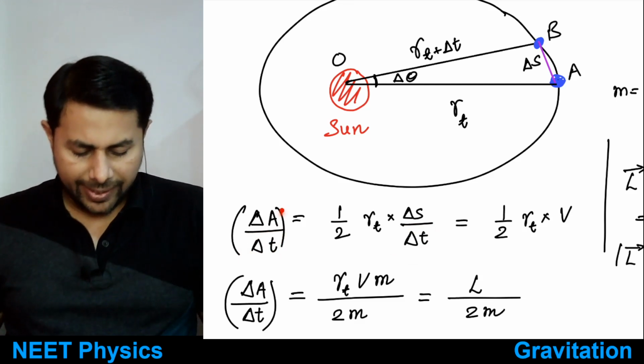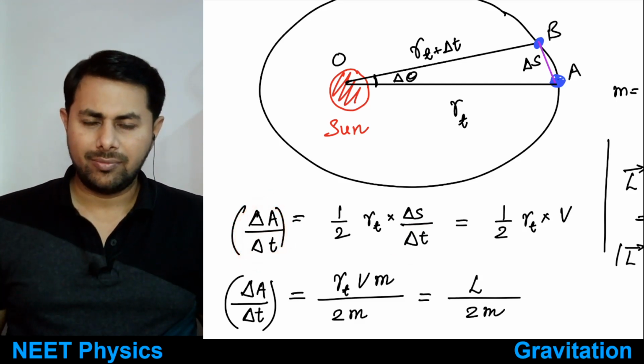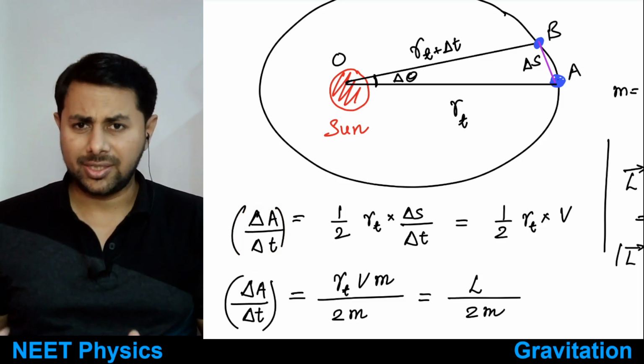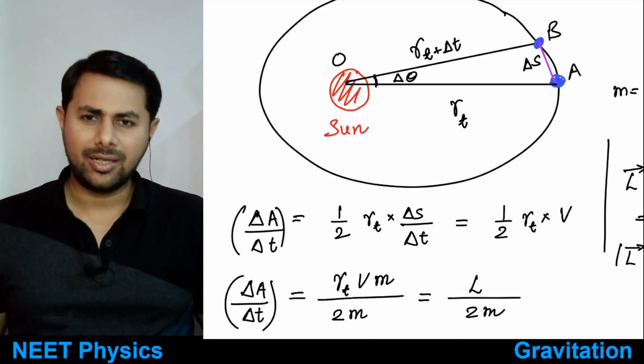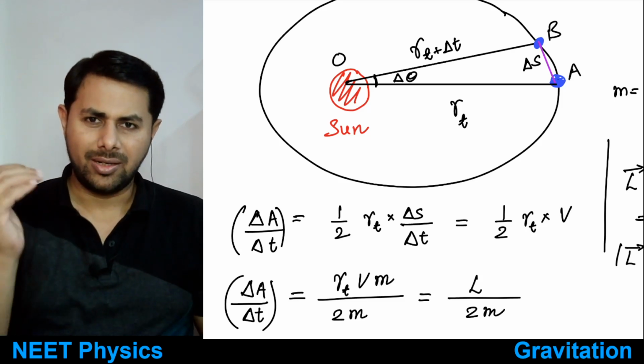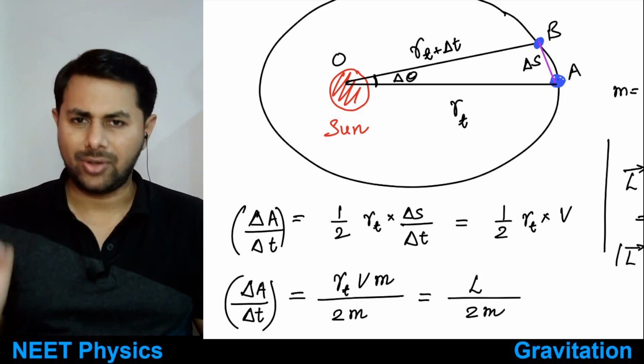So why area per unit time? Because this areal velocity would be constant. So Kepler's law is written in this way also, that areal velocity is constant. Because in that way only it will cover equal areas in equal intervals of time. Area covered per unit time should be a constant.